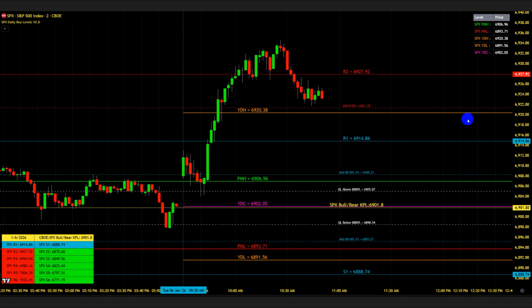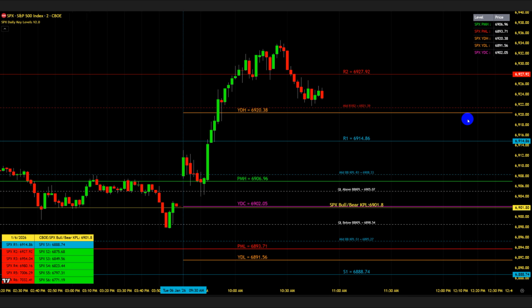Okay, so some of you may already be familiar with how this indicator works, but for those who are not and may be seeing our videos for the first time, this indicator works on the TradingView platform only and supports two different SPX symbols. The first symbol is the symbol that you see it on now, which is the SPX CBOE symbol.